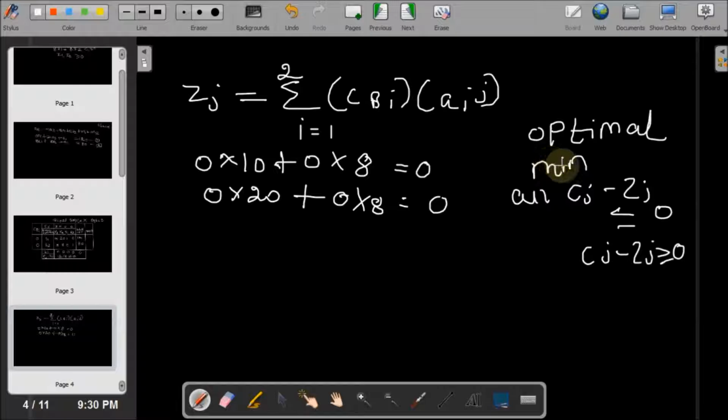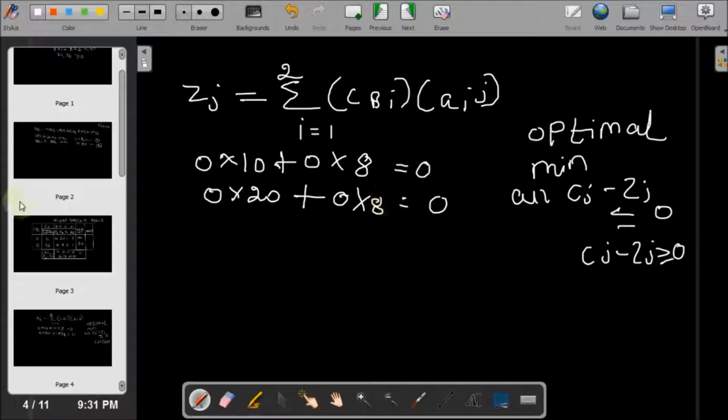So for maximization, cj minus zj should be lesser than or equal to 0. Maximization problem means all the values should be lesser than 0 or equal to 0.